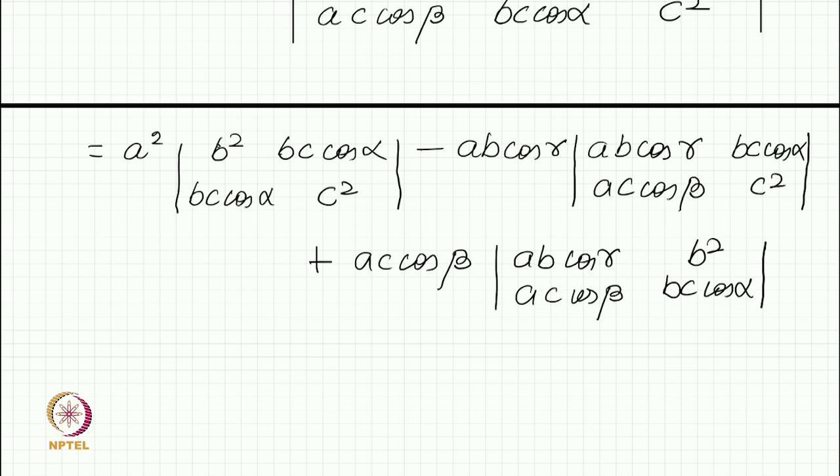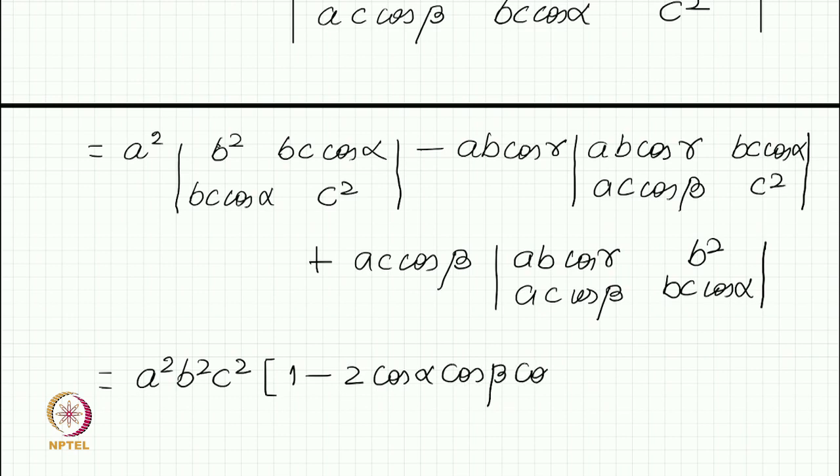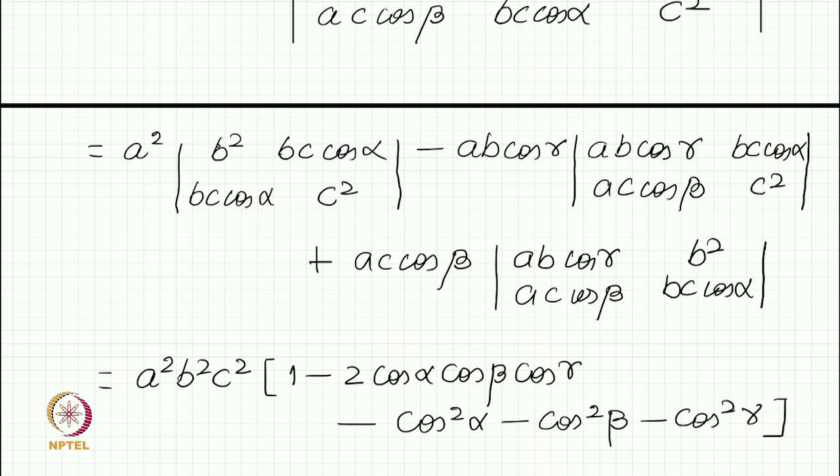It looks messy, but finally when you work it out, it will all simplify to give you A square, B square, C square into 1 minus cos square alpha, minus cos square beta, minus cos square gamma, plus 2 cos alpha cos beta cos gamma.